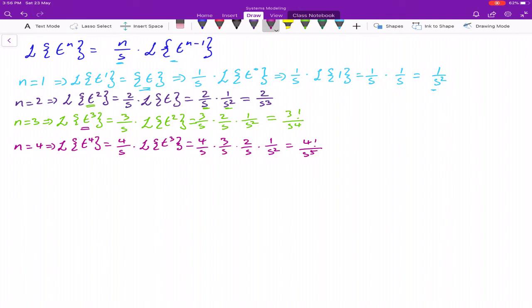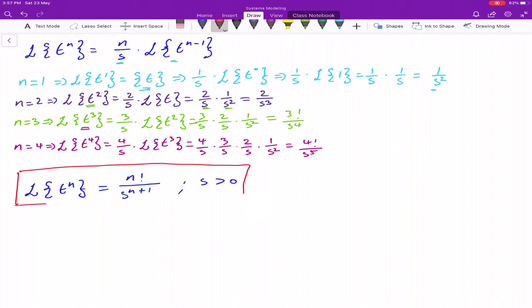As you increase the power, so does the power at the bottom, so does the factorial. So the general form, we can write it as the Laplace transform of t to the n is equal to n factorial over s to the n plus 1, for s greater than 0. So this is our general format.